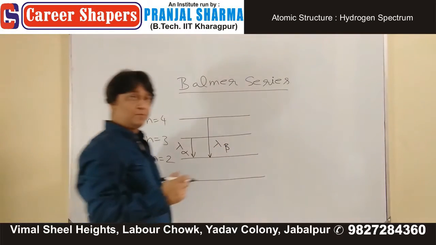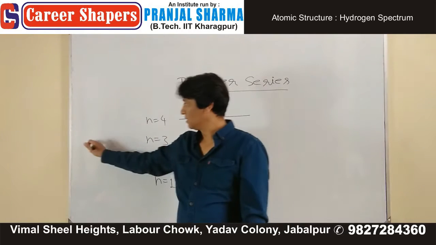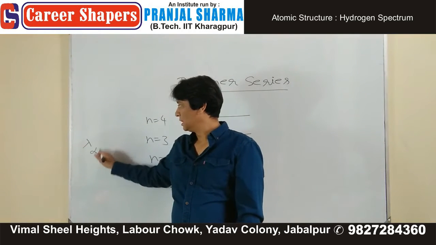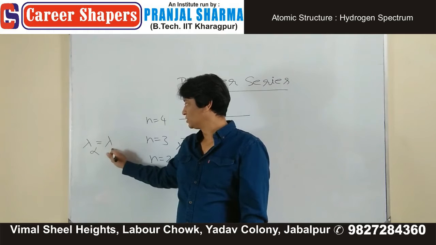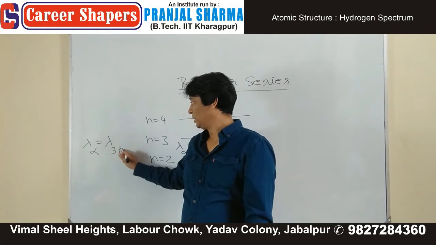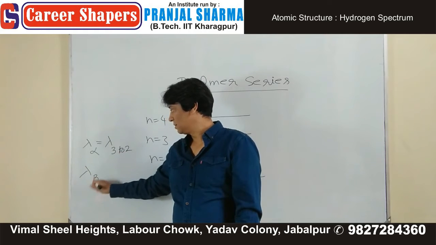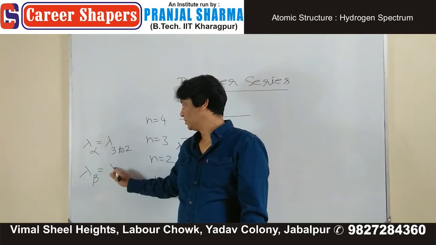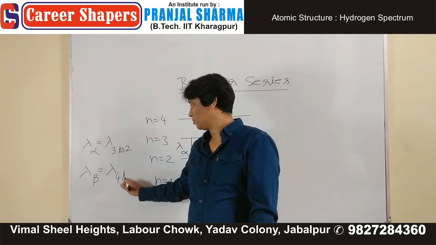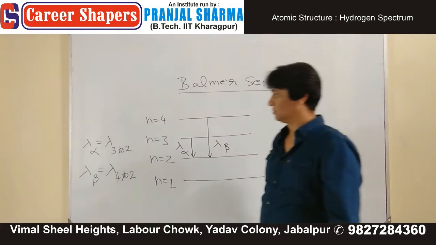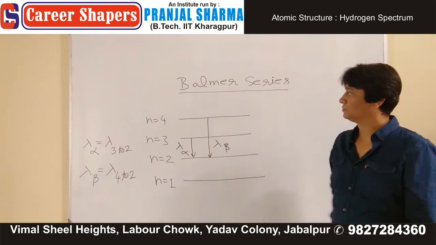So when I say lambda alpha, remember the jump is from 3 to 2. When I say lambda beta, the jump is from 4 to 2, and so on.